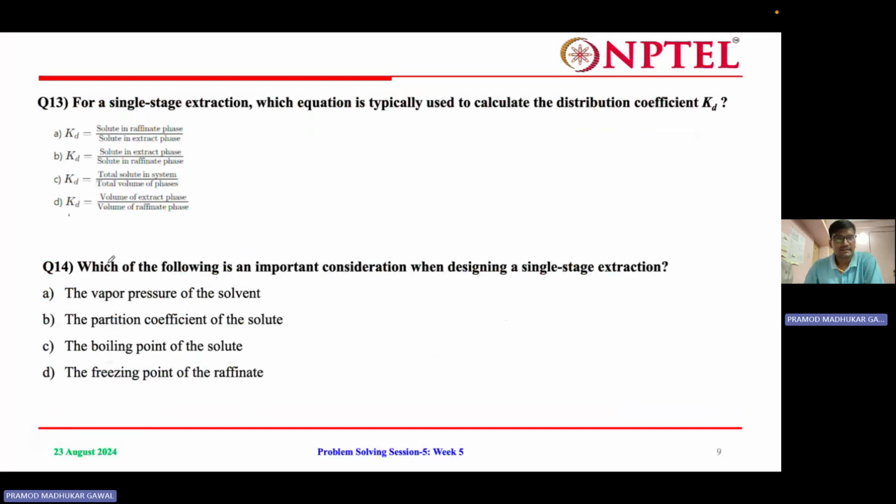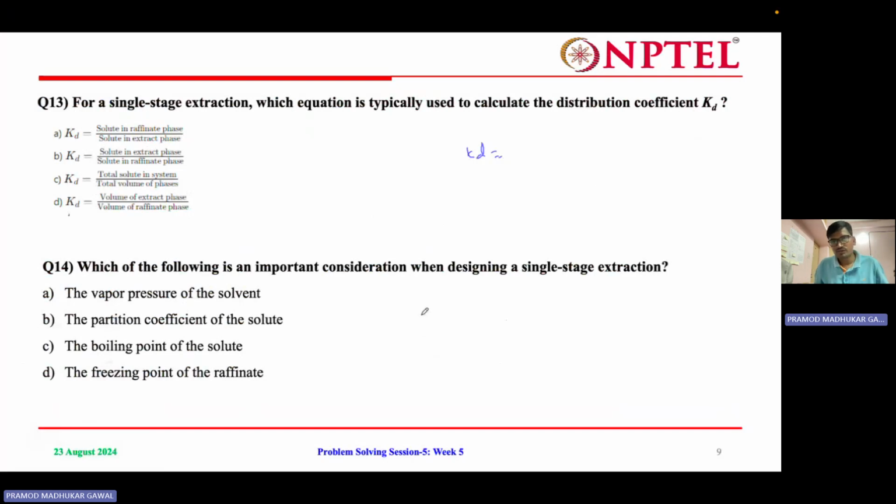Moving to question number 13. For a single stage extraction, which equation is typically used to calculate the distribution coefficient? Distribution coefficient is the amount of solute extracted into the extract phase divided by the amount of solute in the raffinate phase.